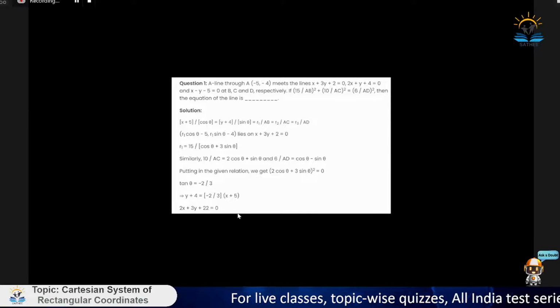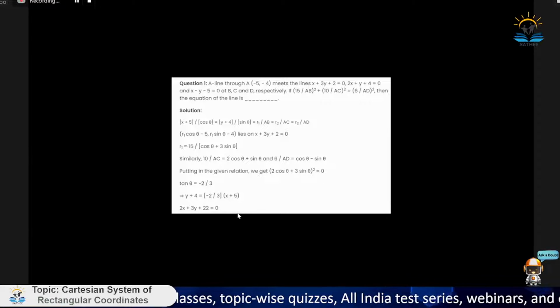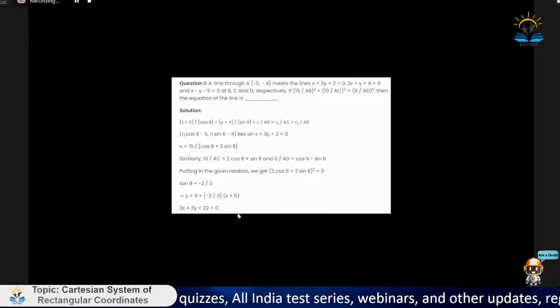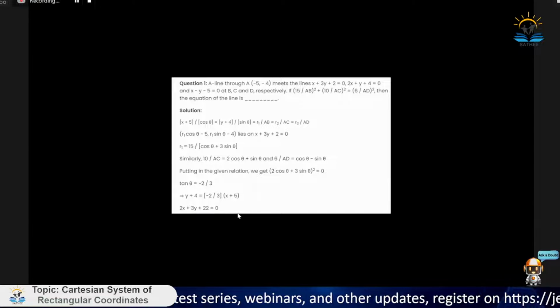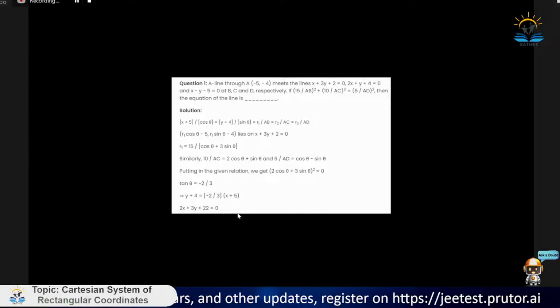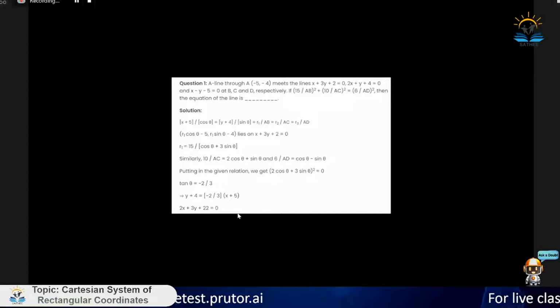So here, if the line meets the line x plus 3y plus 2 at some point B, then the distance AB would be r1, and the coordinates at that point would be: x plus 5 is equal to AB cos theta, and y minus 4 equal to AB sin theta, and that x1 comma y1 would be lying on the line x plus 3y plus 2 equal to 0.